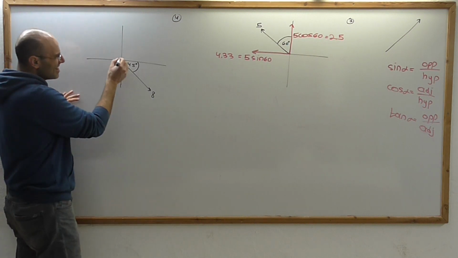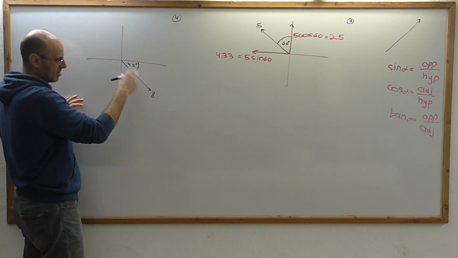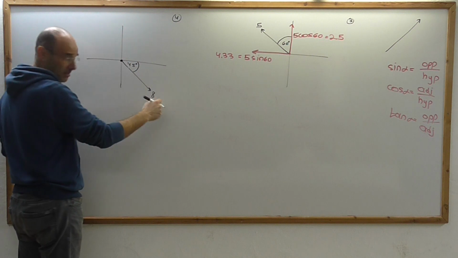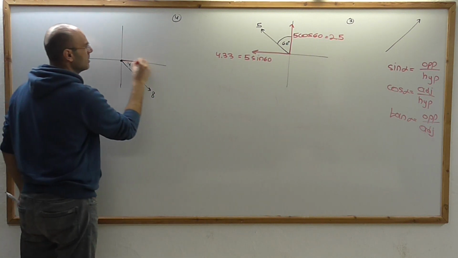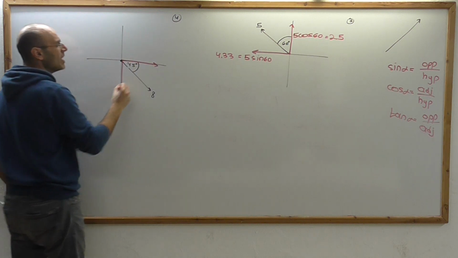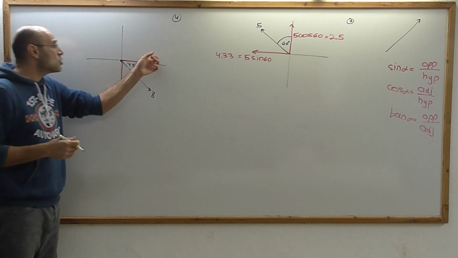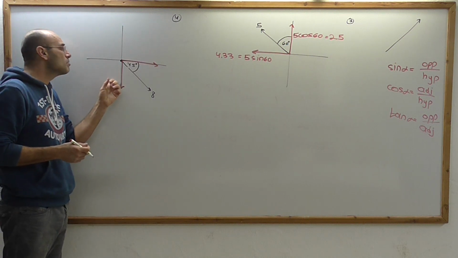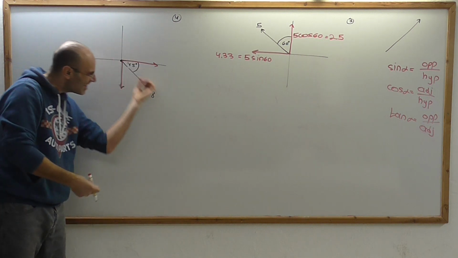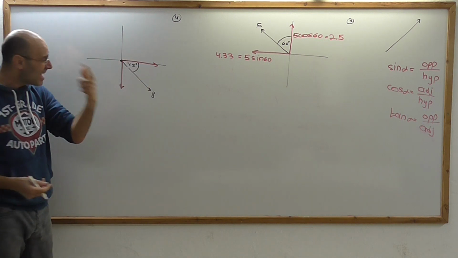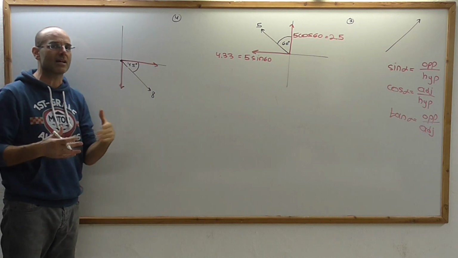Why? Because the vector is exactly in the middle. So when I break it into the x component and the y component, neither should be larger than the other. Why? Because the ball must go symmetrically, exactly in the middle. So I expect the magnitude of this component and this component to be exactly the same.